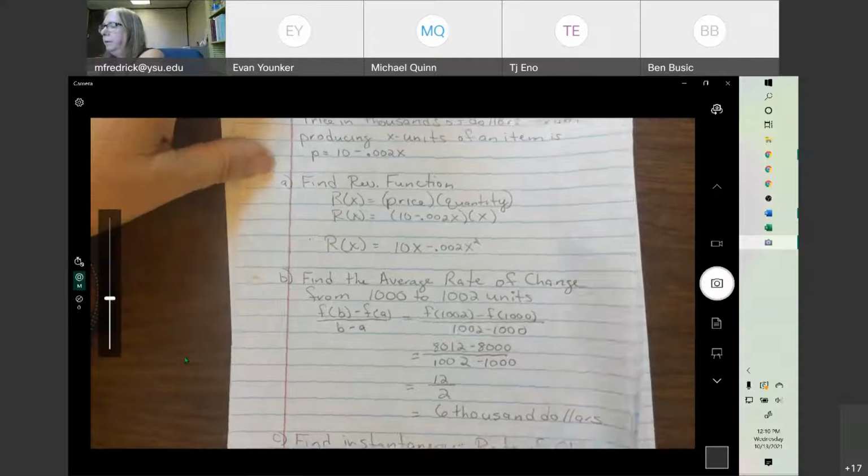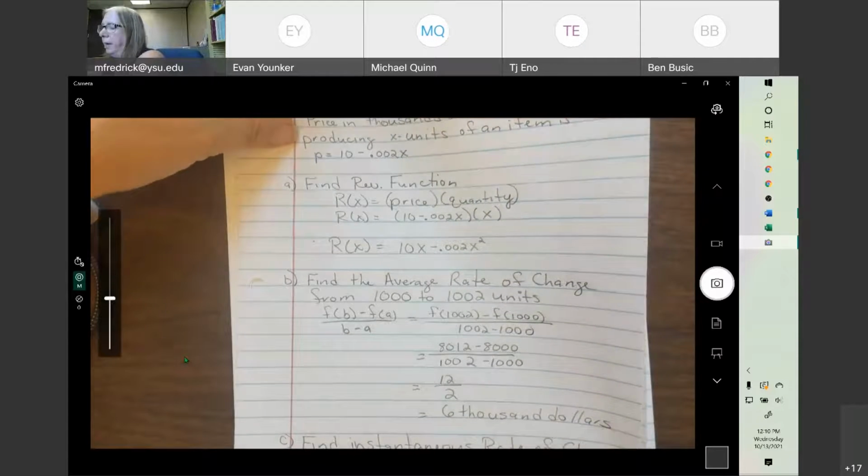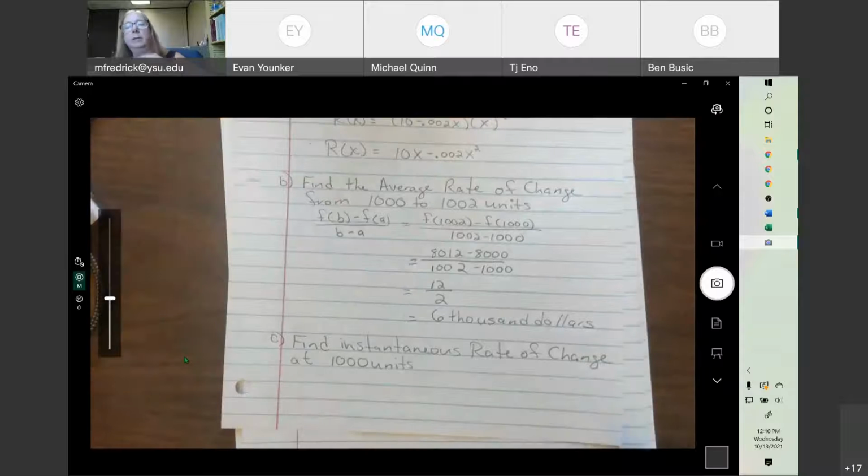And what if we want to find the instantaneous rate of change at 1,000? So when it's between two values, you use your slope.